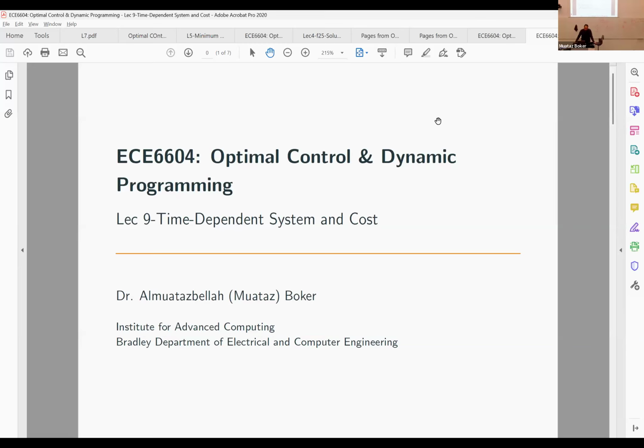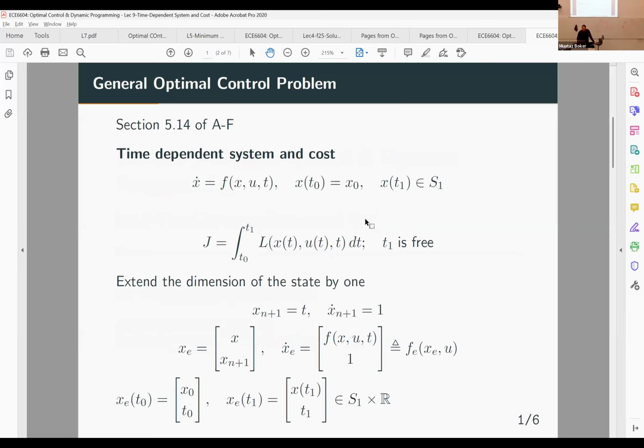Okay, so before we considered what's known as time invariant systems. So what if the system explicitly depends on t? Let me give you an example.